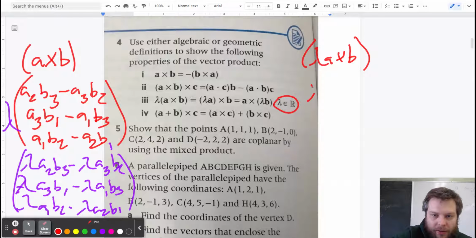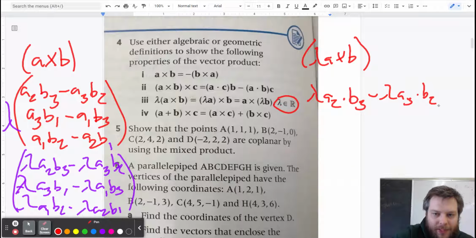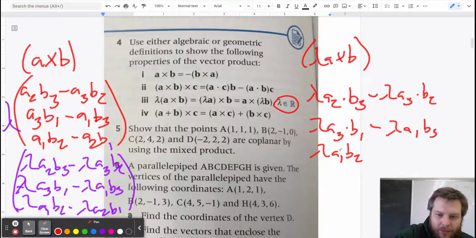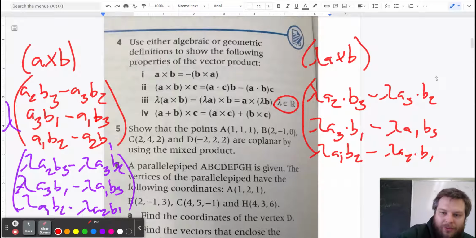So we're going to have lambda A2 times regular B3 minus lambda A3 times regular B2. And then moving on down the line, lambda A3 times regular B1 minus lambda A1 times regular B3, lambda A1 times regular B2 minus lambda A2 times regular B1. That's exactly what I just wrote down in the bottom left corner of the screen in purple.